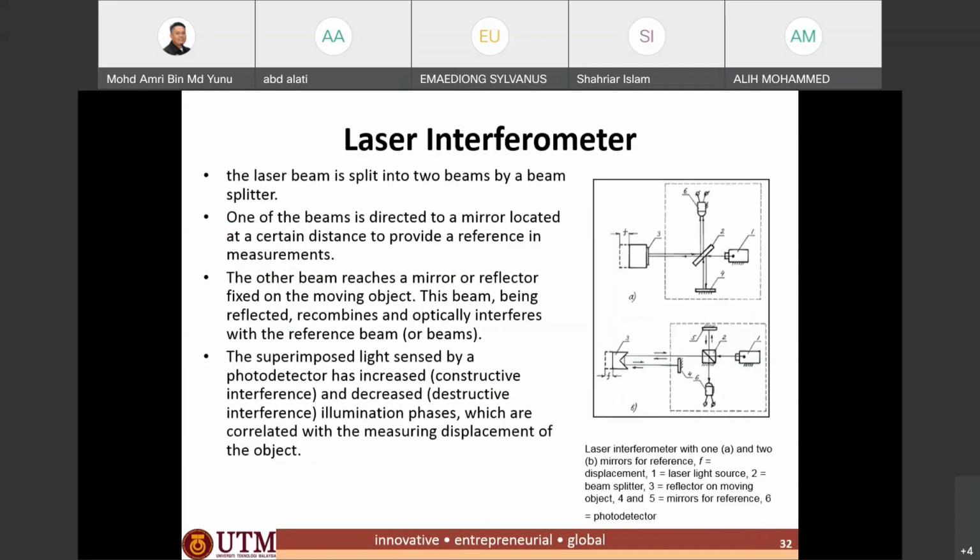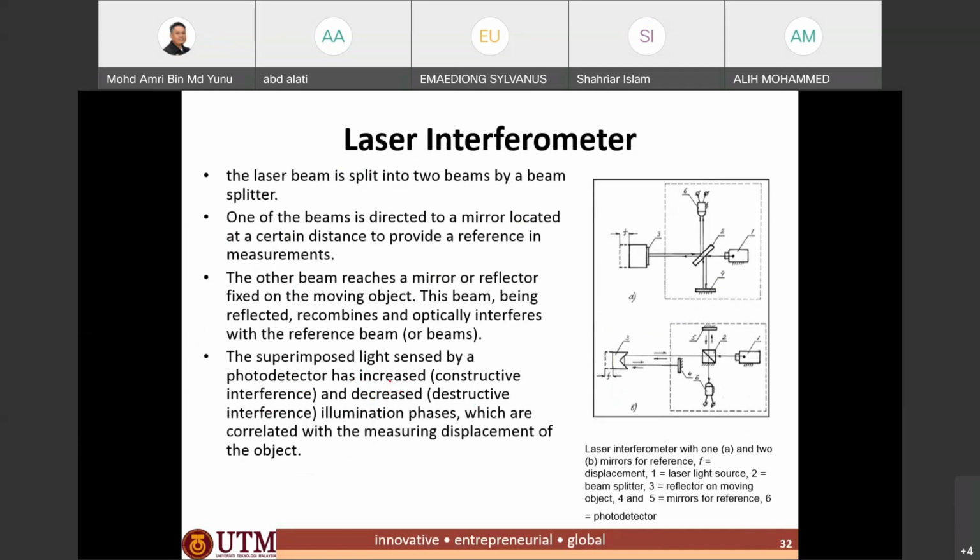So due to the different pattern of light sensed by the detector, it will depend on the increase or decrease of interference.